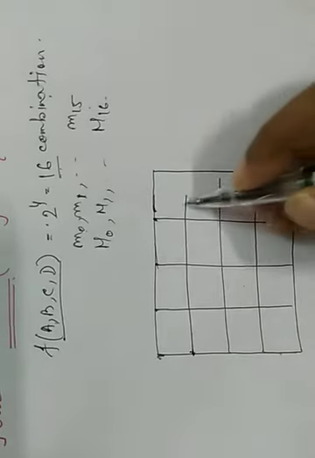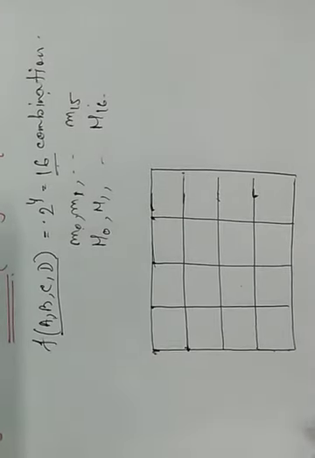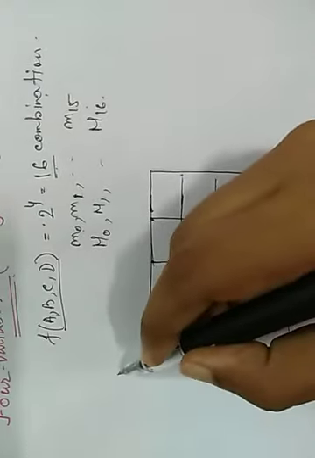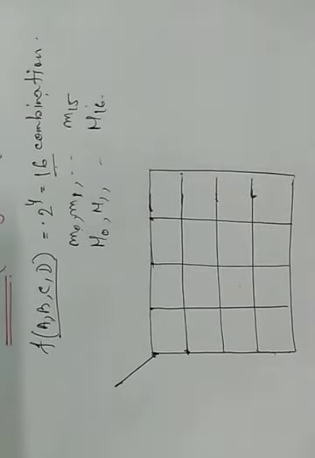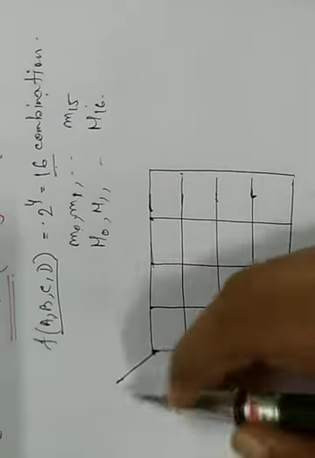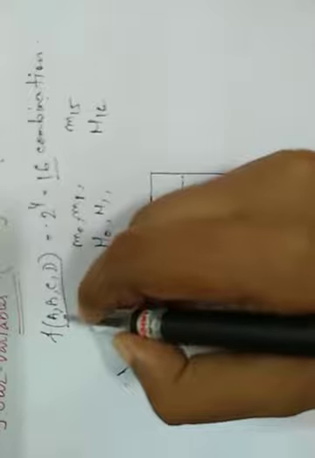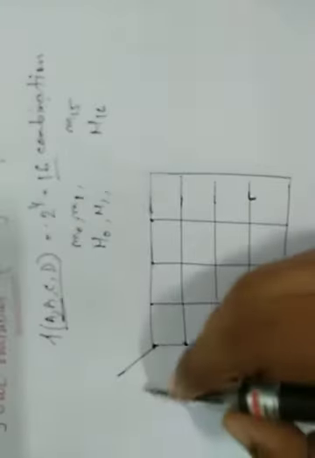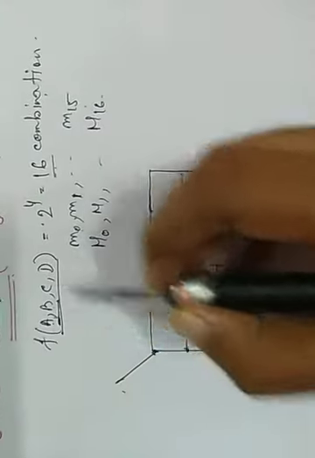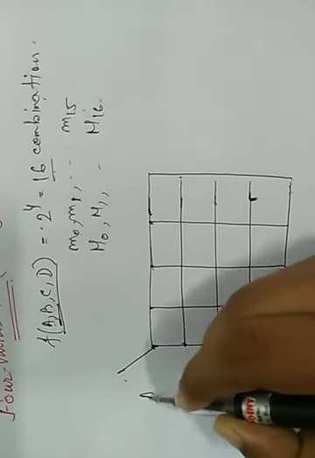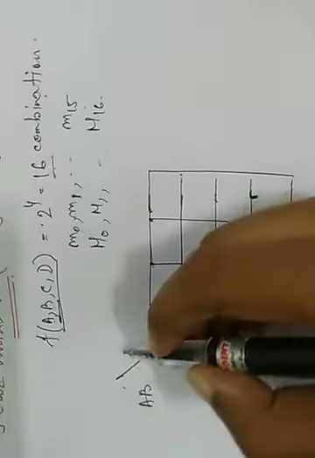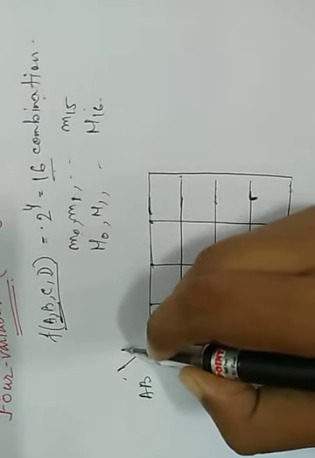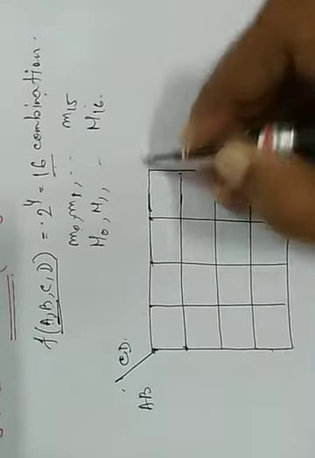As we know, we have to write the variables in the vertical and horizontal directions. I have told you we must follow the sequence, so AB values must be written in the vertical direction and CD in the horizontal direction.